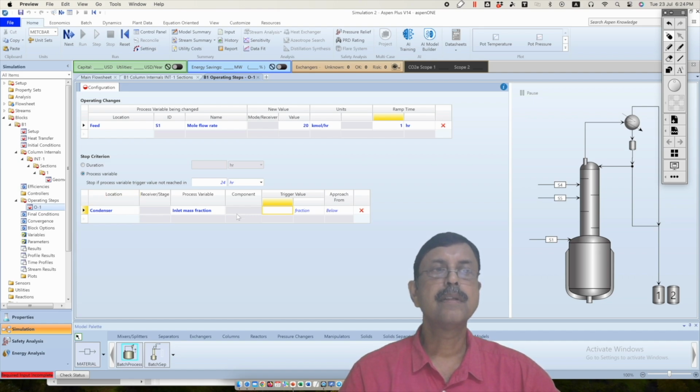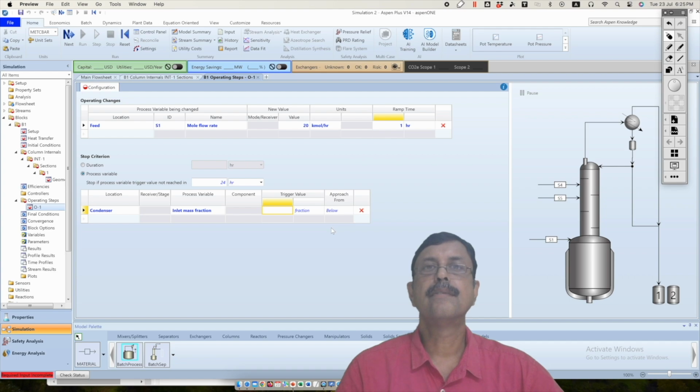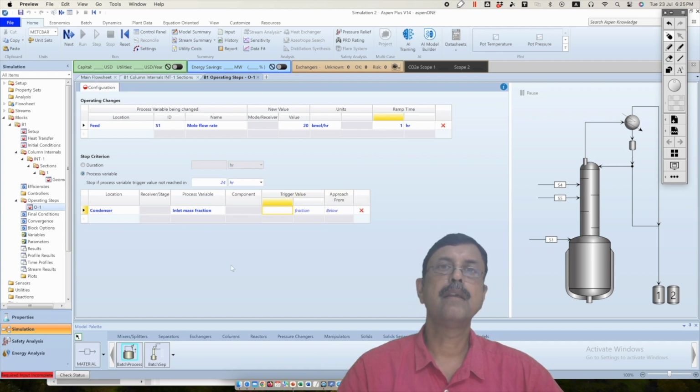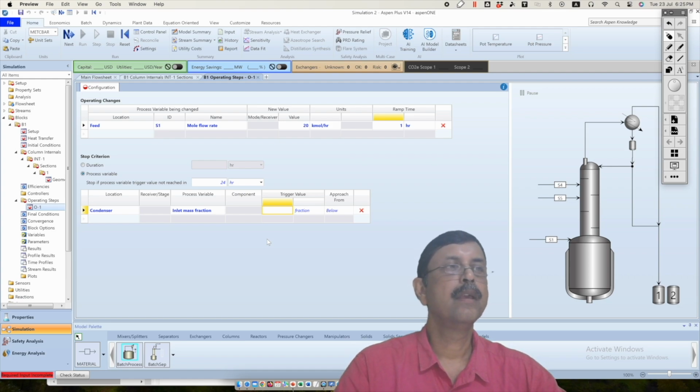And if that doesn't trigger within 24 hours, then also it will stop. Because sometimes the fraction will not go below that at all, even if you continue for several days. But that doesn't mean our process will keep on calculating for something which is not achievable. For such a situation, if the process variable trigger doesn't activate within 24 hours, the batch process will stop. That's what it means.